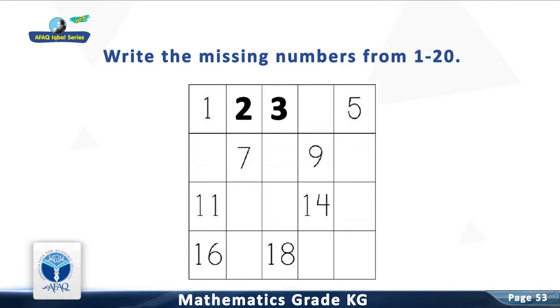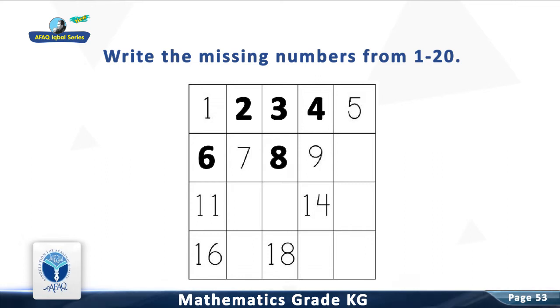Now write the number that comes after 3. Good. It is 4. 5 is already written. So write the number that comes after 5. Good. It is 6. Number 7 is already written. Write the number that comes after 7. Good. It is 8.